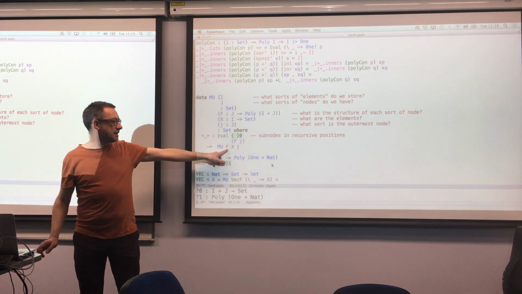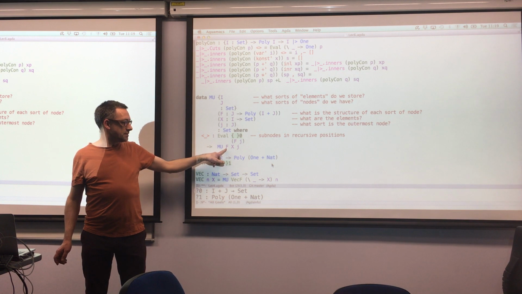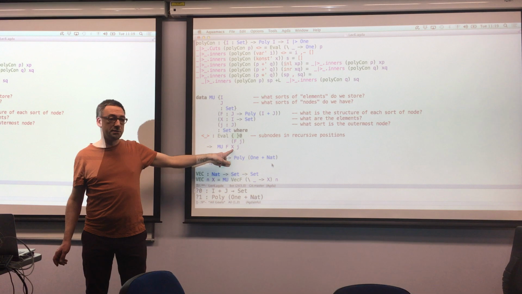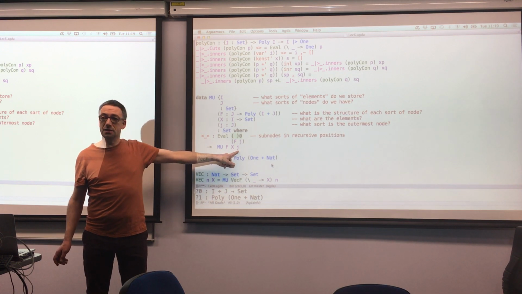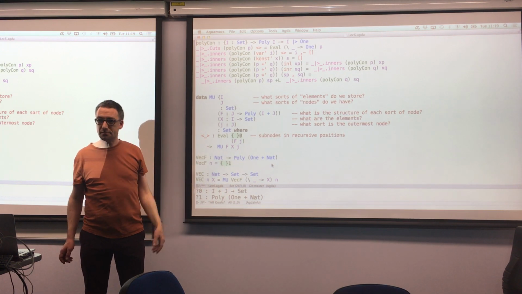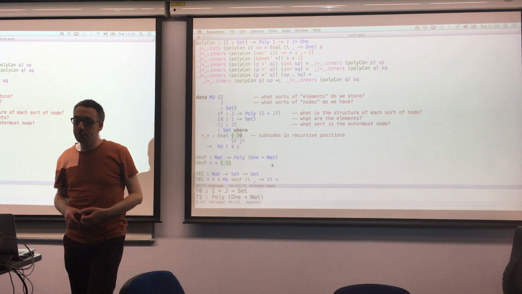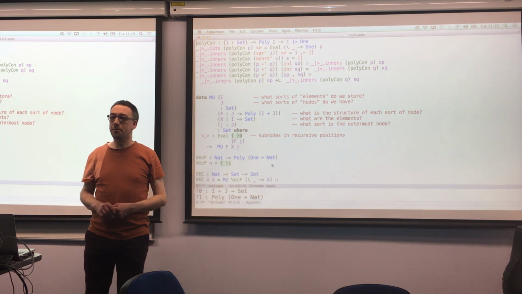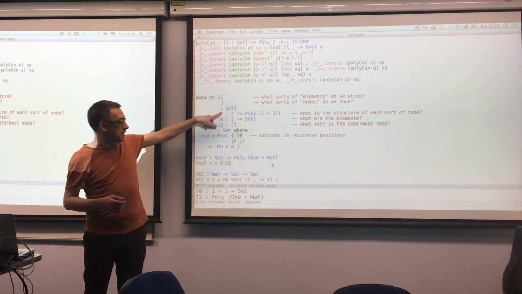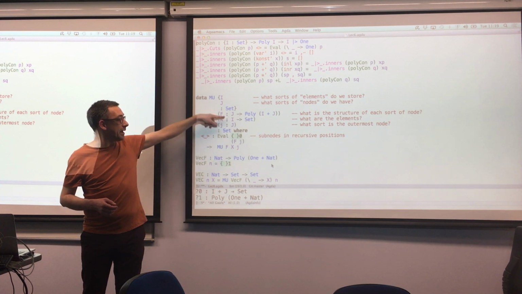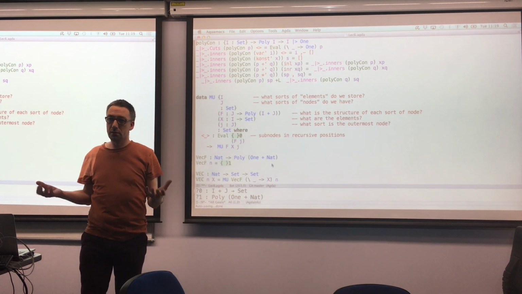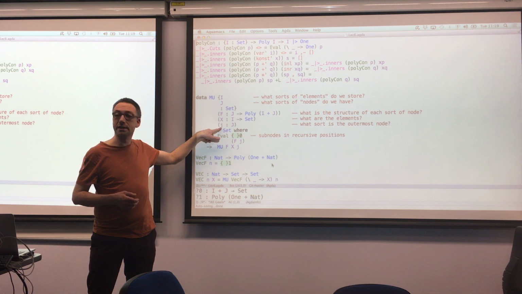Okay. Then how do we build this lump of data? So F determines the node structures, X determines what the elements are, j tells us the sort of the top node. So we're going to have to find the polynomial that describes the top node. And we just said that's given by applying our function to the sort of the top node. So f of j is the polynomial that gets chosen by this little j.